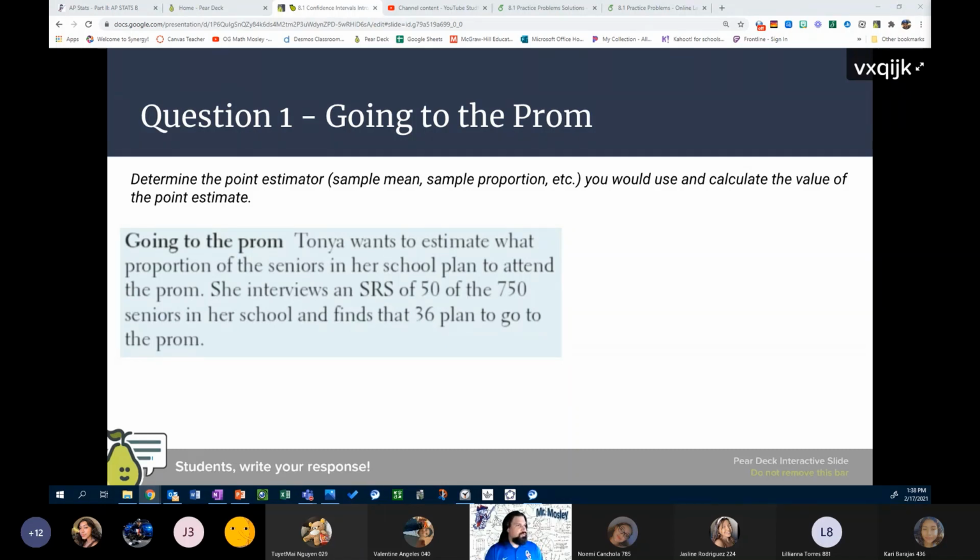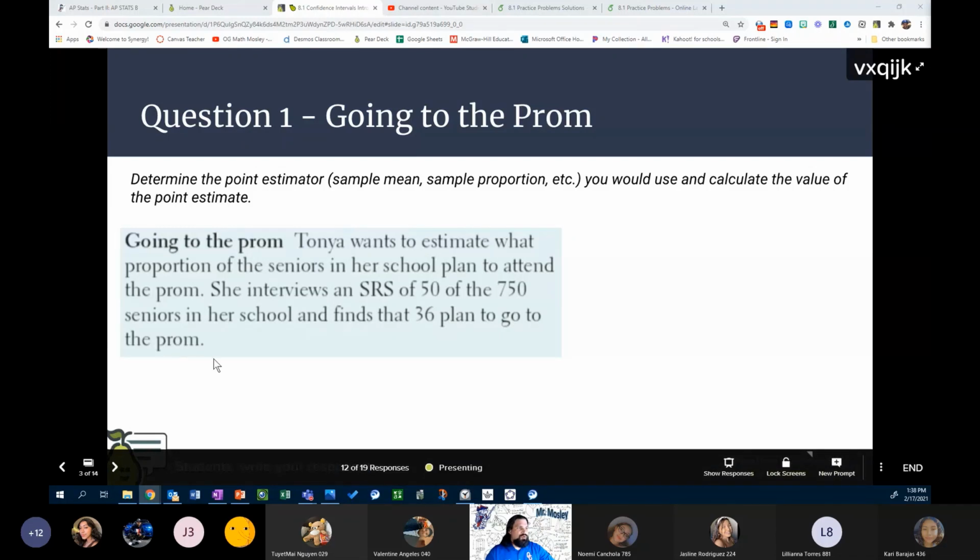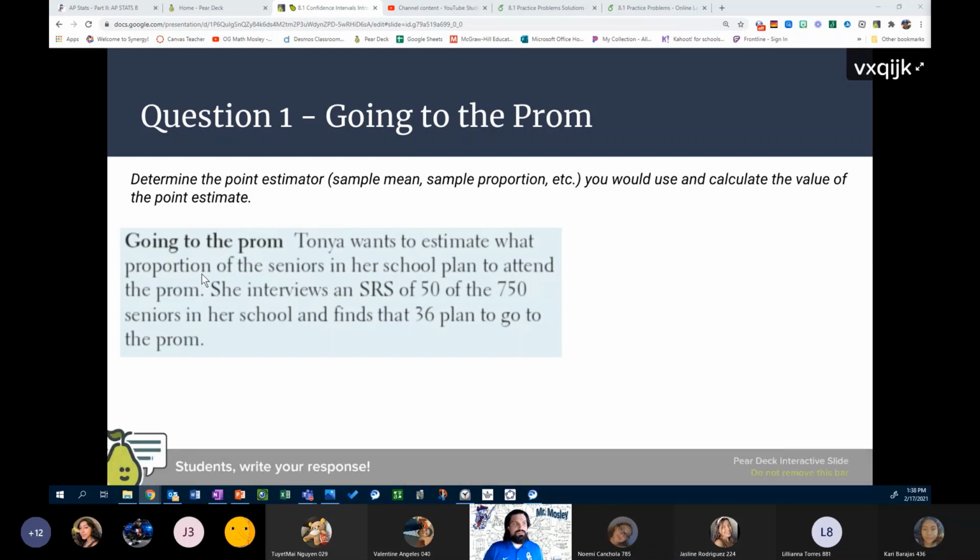All right, guys, we're going to talk about this one now. Before we talk about the solution, what is the point estimator and what's the value of the point estimate, look at the problem itself again. Tanya wants to estimate what proportion. That's our giveaway. The point estimator needs to be the sample proportion, because that's what we're dealing with, proportions.